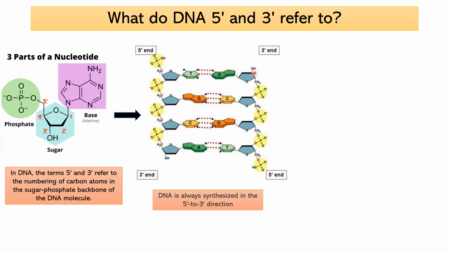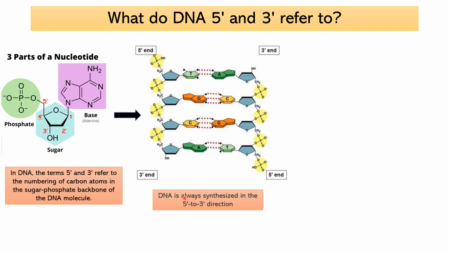However, when I say that this is a 3 prime, then we are referring to the end of a DNA strand that ends with a hydroxyl group. You need to remember that because this is very important to understand DNA replication. 5 prime, phosphate group; 3 prime, hydroxyl group.